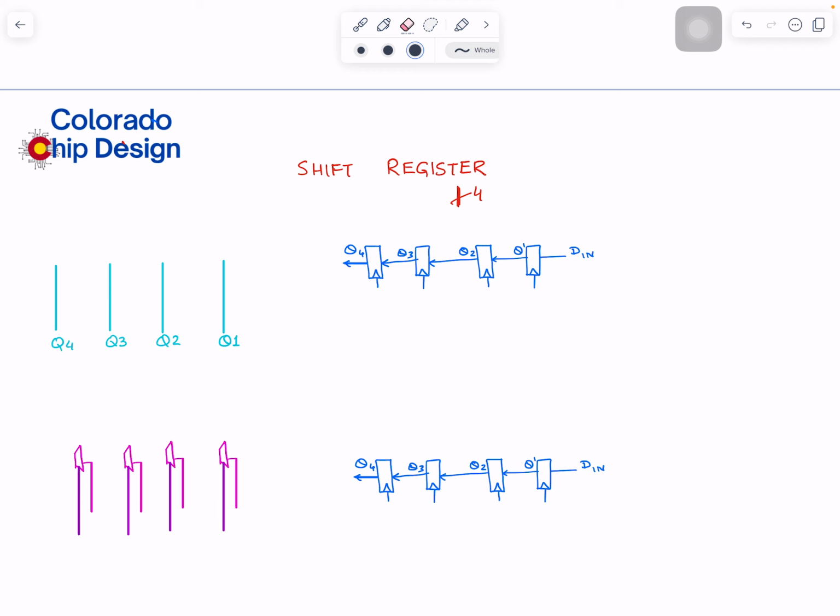This can also be used like this: initially we are moving data in, but at one particular time when we move here, we also need to extract the parallel data. You can connect each of the outputs to a line, and the 4 bits coming in individually shift, but at the right time we just take that output. That is a practical situation.